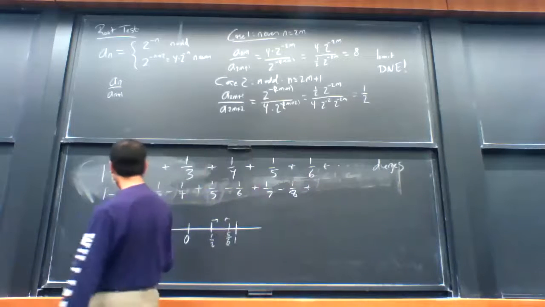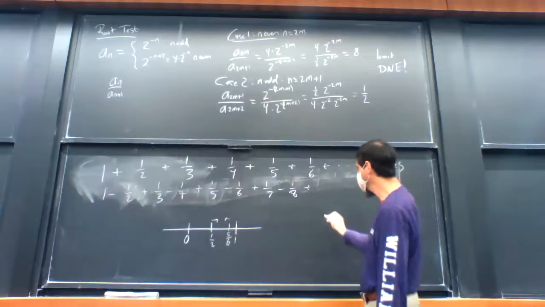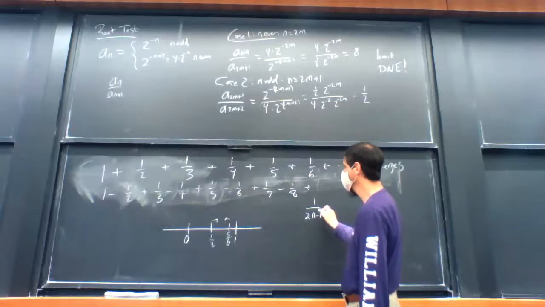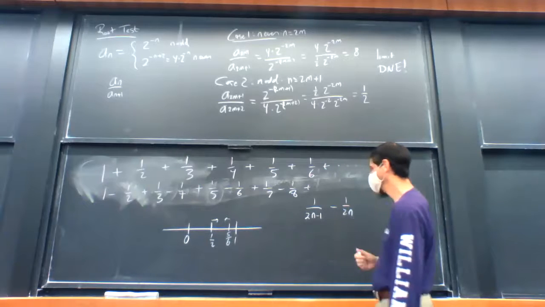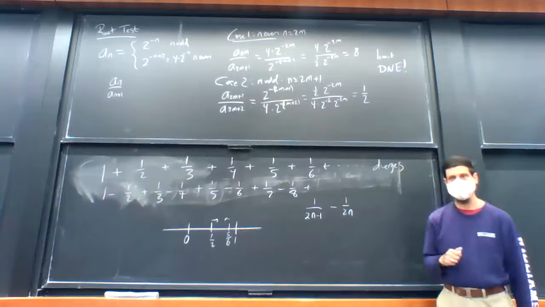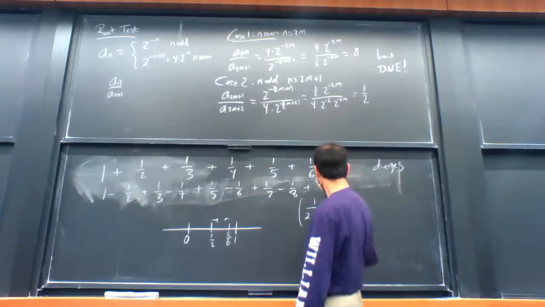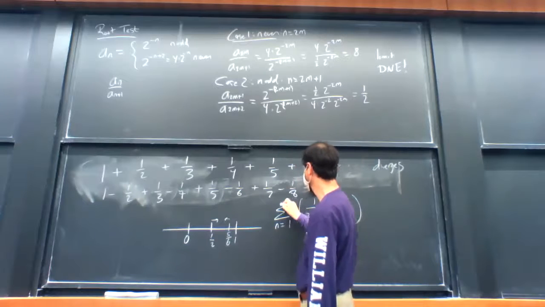One possibility is I can look at adjacent terms. So if I have two adjacent terms, I have 1/(2n-1) with a plus sign, minus 1/(2n) at the end. Okay, and I would sum this, n goes from 1 to infinity.